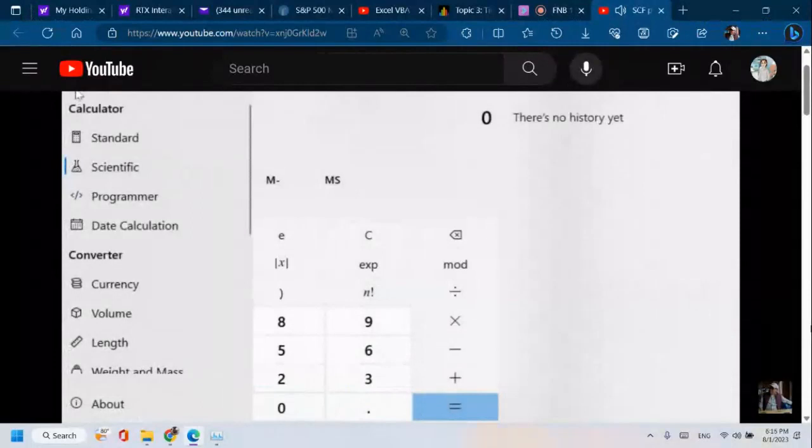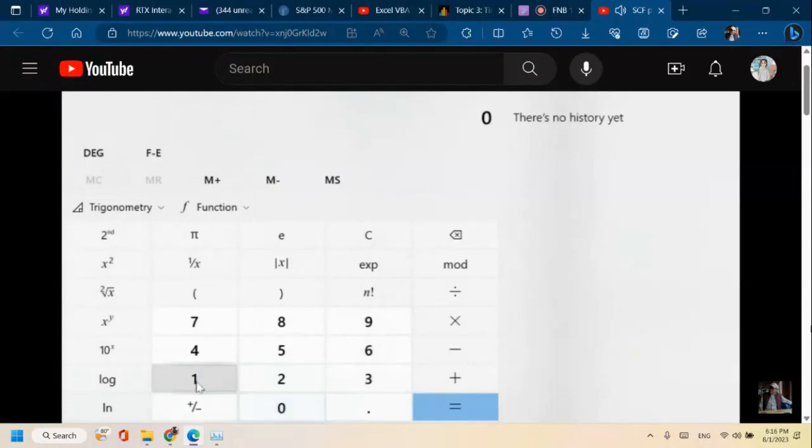From the Start menu, you can pull up the calculator. Normally it is set to standard by default, but you want to select scientific, right? Then do this: 12,100, 12.1K, divided by 1.1. This is x raised to y, so on some calculators it may be the caret sign. You raise it to 2. Hit enter, you will get exactly 10,000. Okay, did you get it?